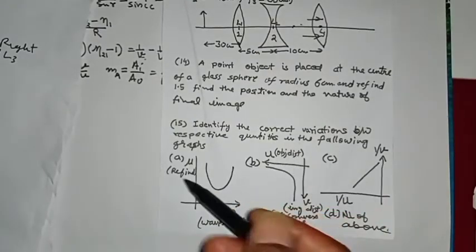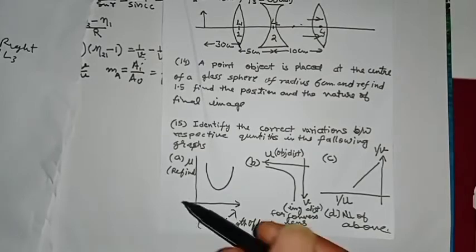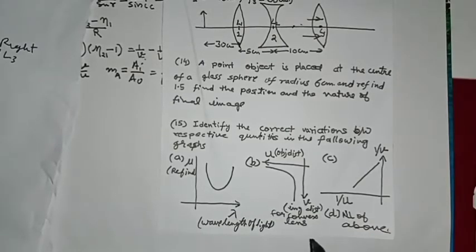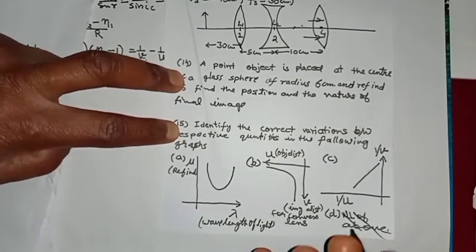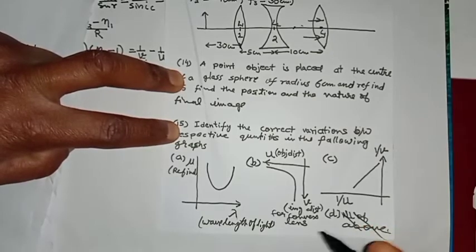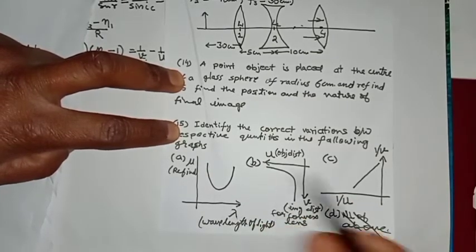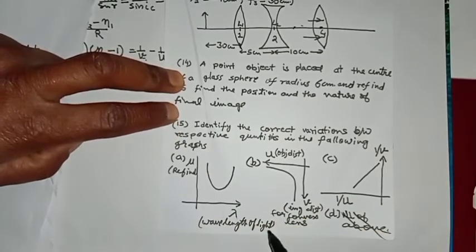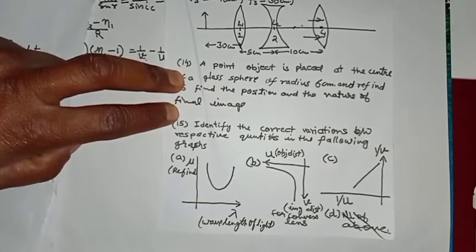Now identify the correct variation between the respective quantities. First, refractive index and wavelength. Refractive index, mu is written there, we use eta as a symbol, but it doesn't matter.